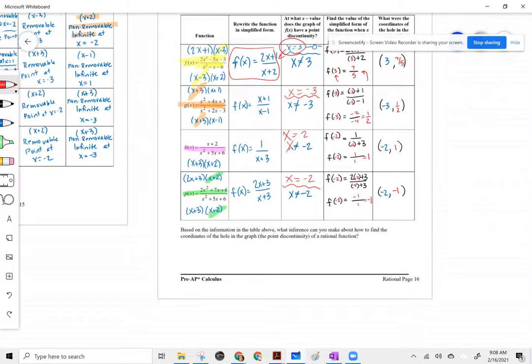All right, so based on the information in the table above, what inferences can you make about how to find the coordinates of the hole in the graph of a rational function?